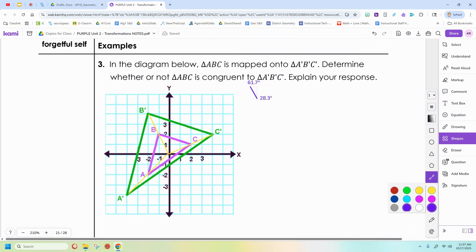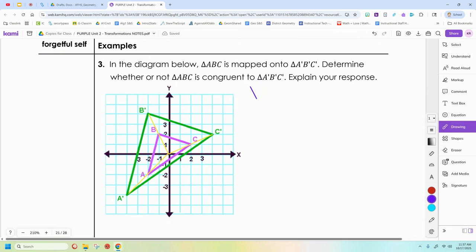We have A, B, and C. Let's find out those coordinate pairs. So take a moment, just write them down. They're already on the picture.